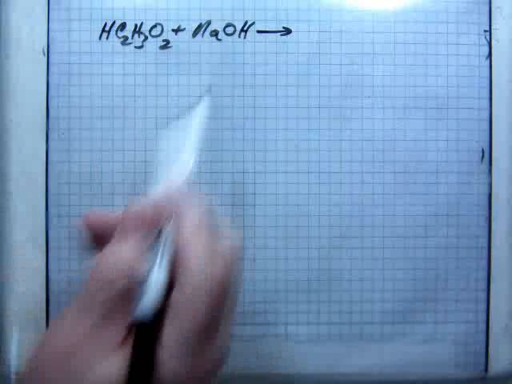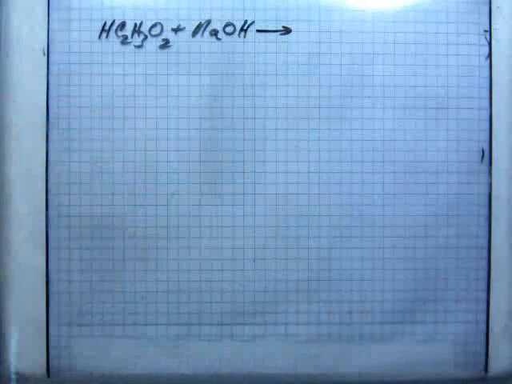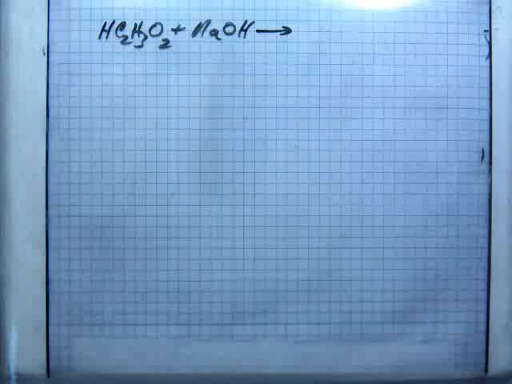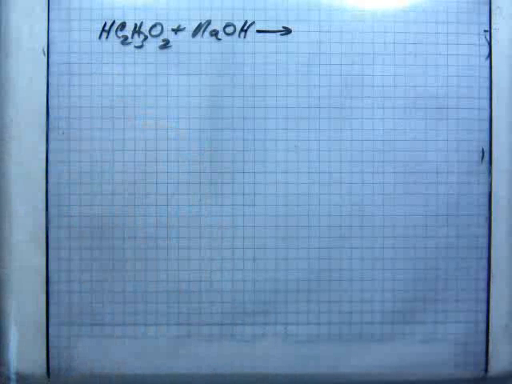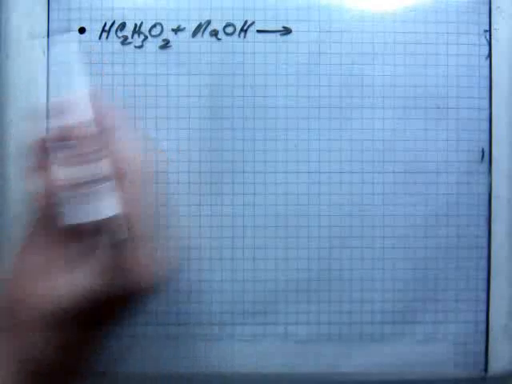This is a weak acid reacting with a base. You treat it in the same format that you did in the salt-salt interactions, except when you write the ionic equations and the net ionic equations, listen, do not show the weak electrolytes in ionic form. And that's the point of this note.